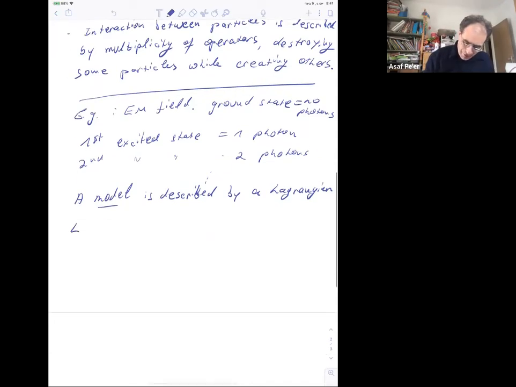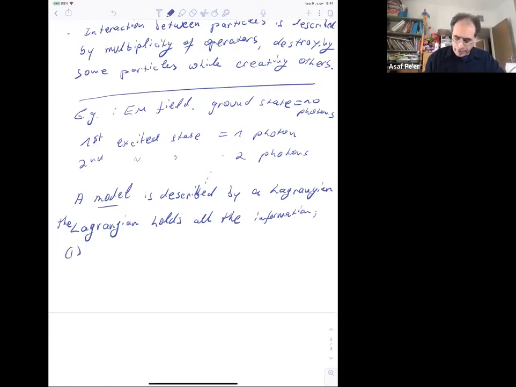You write the first one and while you think on the second one, the Lagrangian holds all the information about, one, what are the particles?